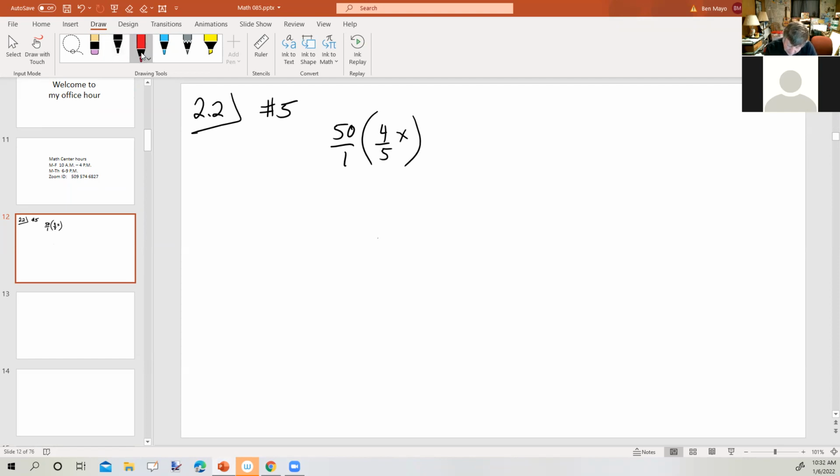We can now reduce the 50 over the 5 to 10 over 1. And then multiplying straight across, we get 40x. Now it's 40x over 1, but really that's just 40x. So the final answer would be 40x.